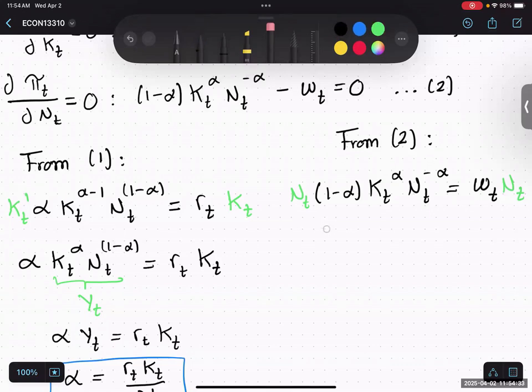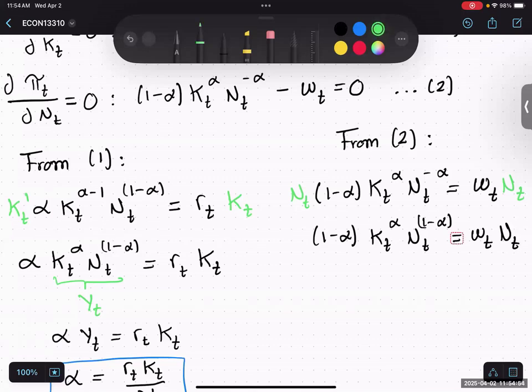Now the left-hand side will simplify as follows. It will be 1 minus alpha, K_t to the alpha, N_t to the 1 minus alpha. This is equal to W N_t.